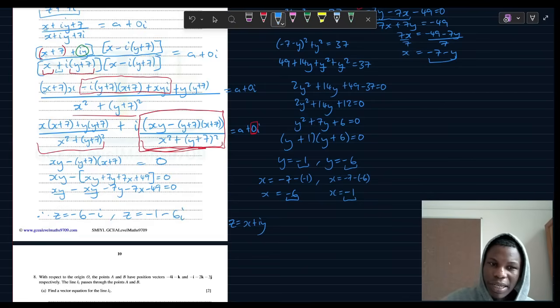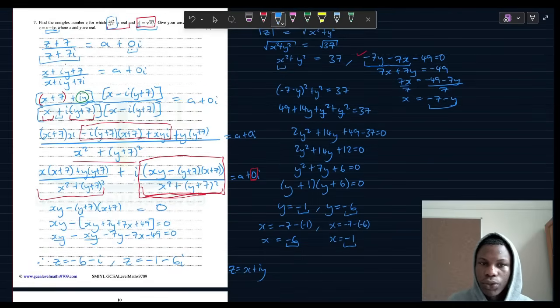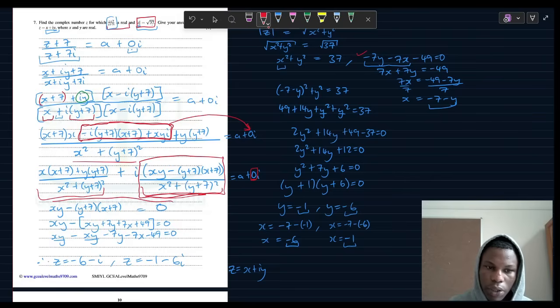To be honest, really here, you don't need to show all this working. Once you get to this rectangle here, hopefully you should be able to see that this is your imaginary part and that has to be equal to 0. And so that's where you should get this equation that we got here.